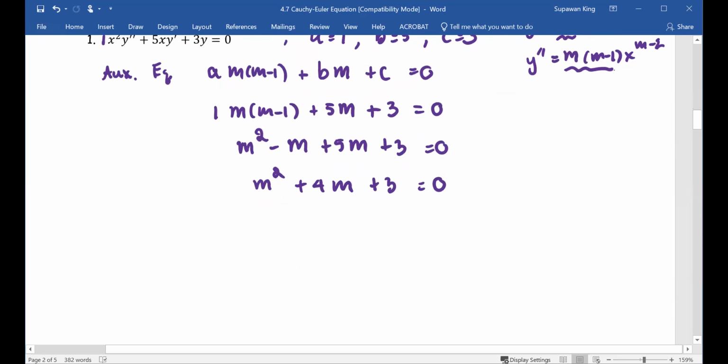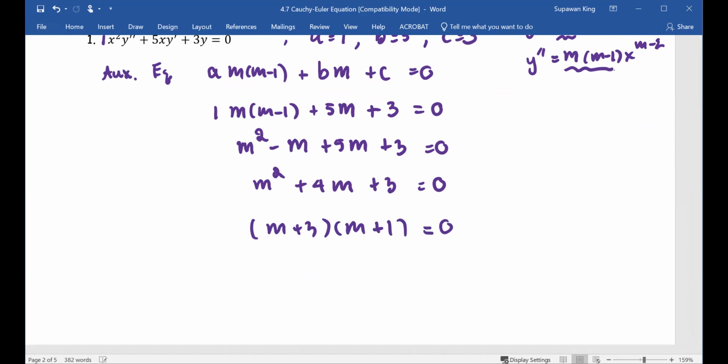Okay, factor: m plus 3 times m plus 1 equals 0. Then m equals negative 3 or m equals negative 1. We have case 1, which is the distinct real roots. Did I get the right numbers? Negative 3, negative 1, yes.